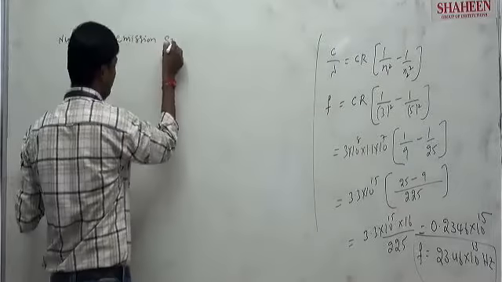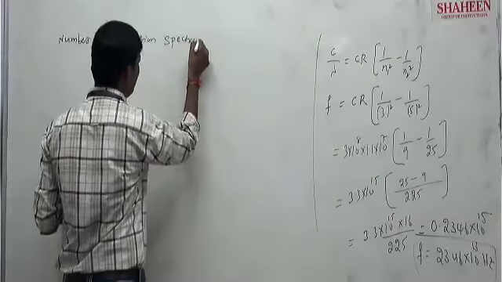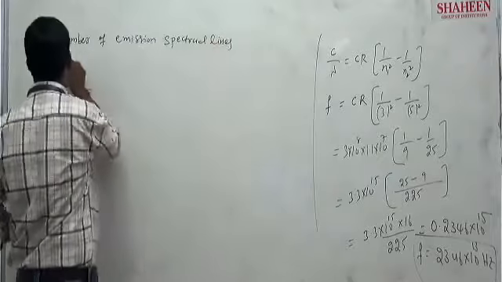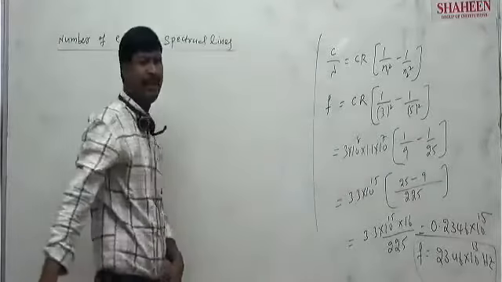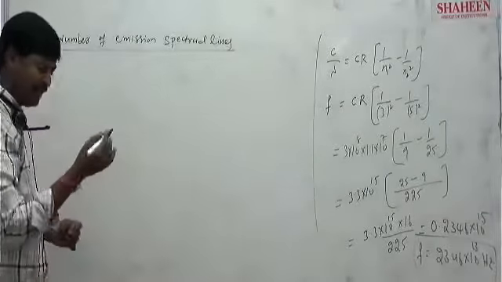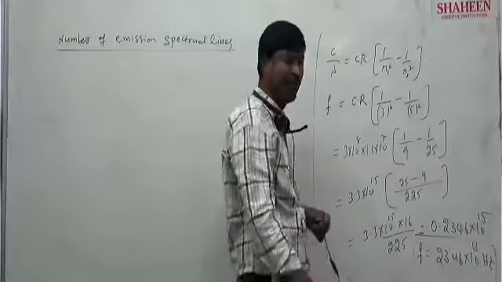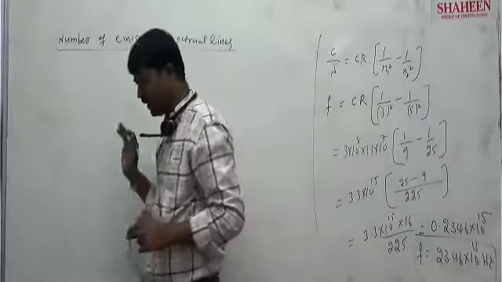See how many emission spectral lines will come when electron jumps from one energy level to other energy level. Look carefully, let us see.